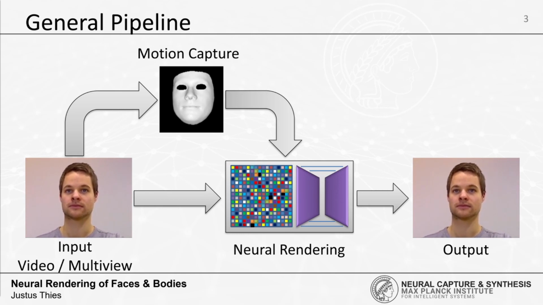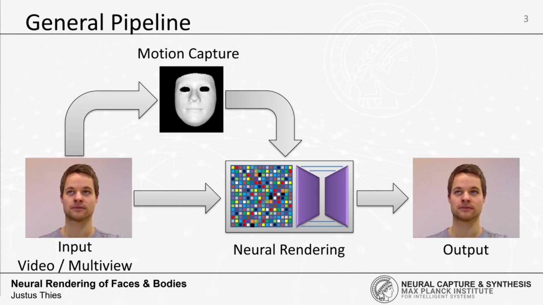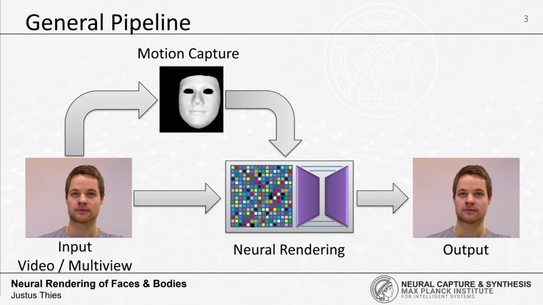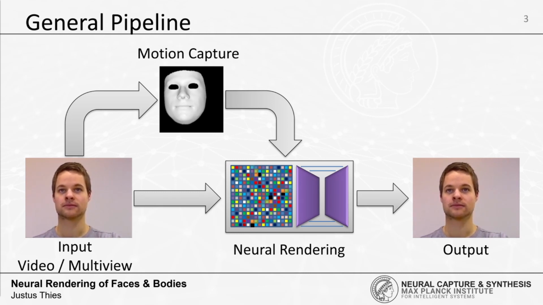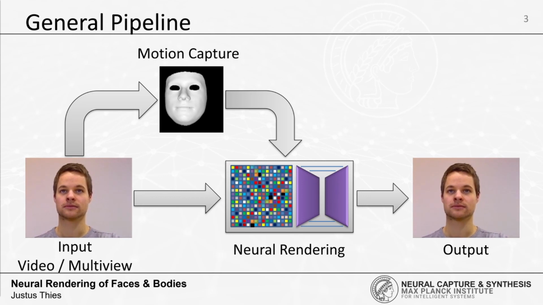Based on a monocular or multi-view video input, the neural rendering pipelines are trained to generate photorealistic outputs that are ideally temporally consistent, which needs to be encouraged by corresponding regularizers and consistency losses.